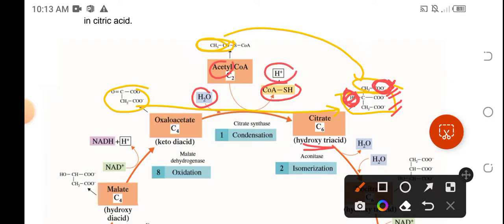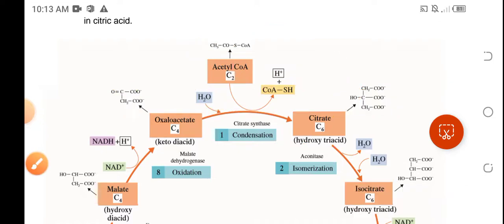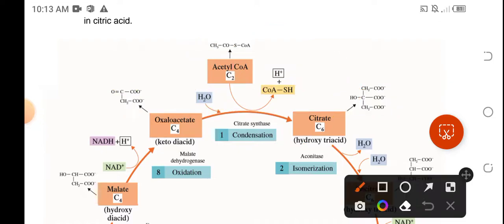Okay, so magtatanggal din ng isang hydrogen ion during the process. And hindi lang dyan nagtatapos ang condensation reaction or the first reaction ng Krebs cycle.